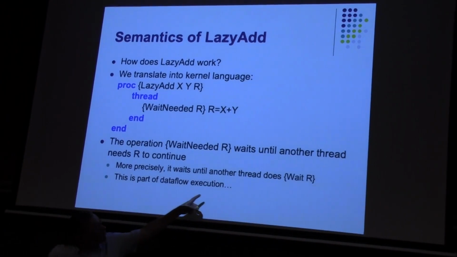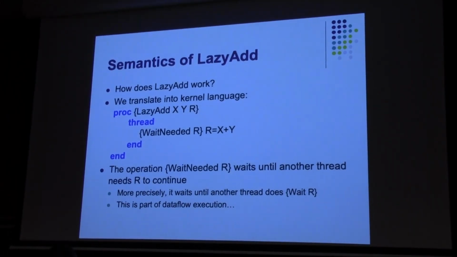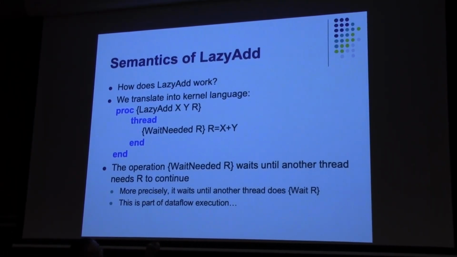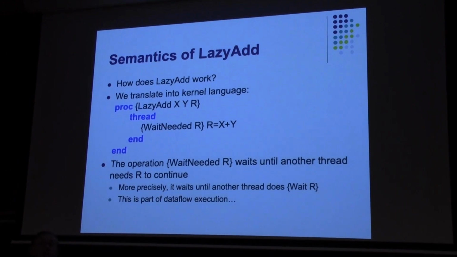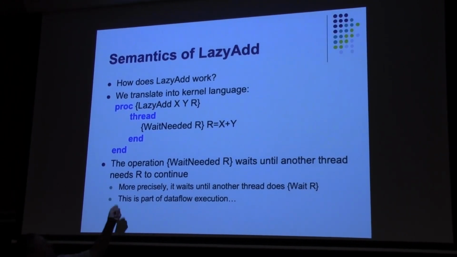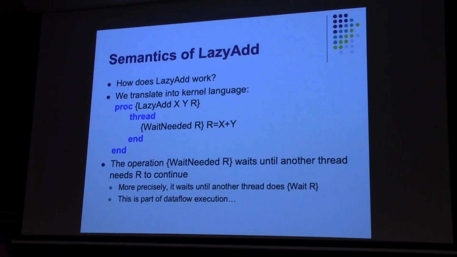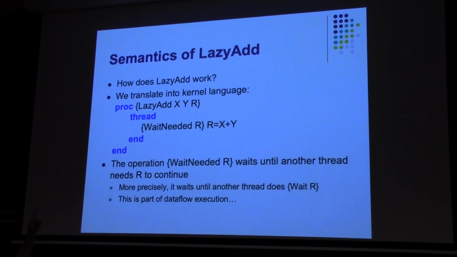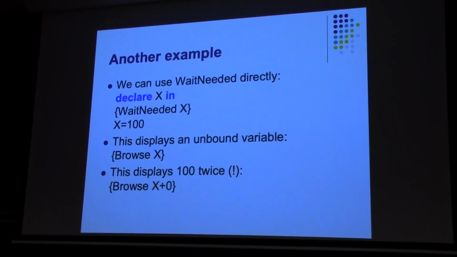It means another thread uses the value of the result. If I do an addition that needs the result, then the wait needed will continue. So wait needed is a really special kind of data flow operation, and it's implemented in the system. So you can try it out and use it, but the lazy functions will use it implicitly. Okay, so that's how it works.